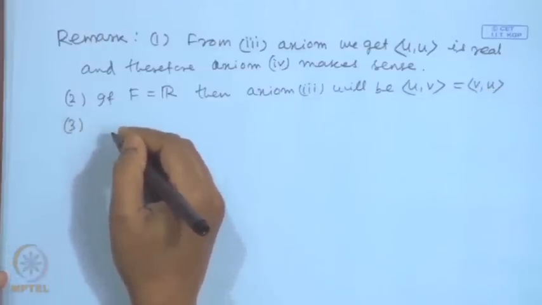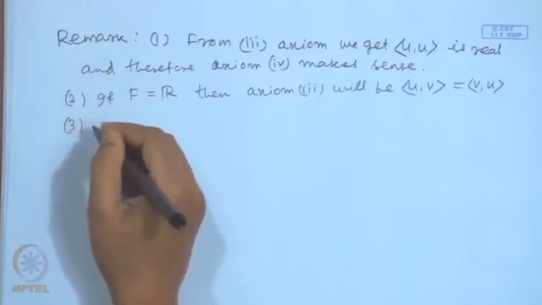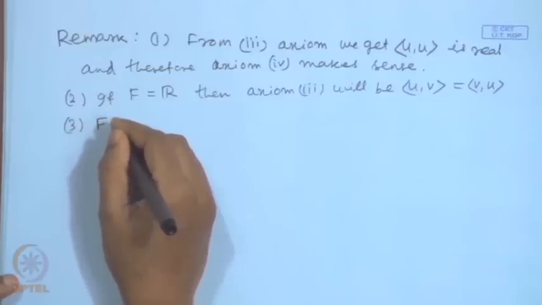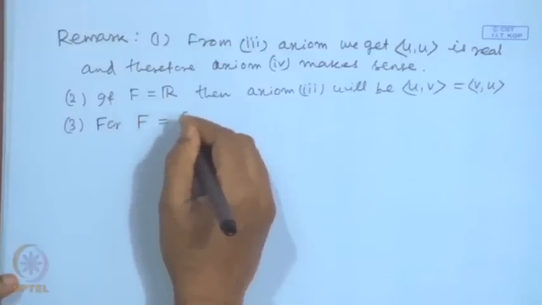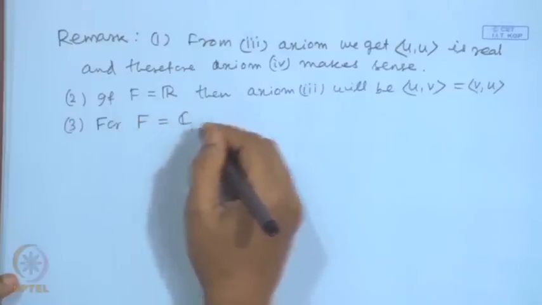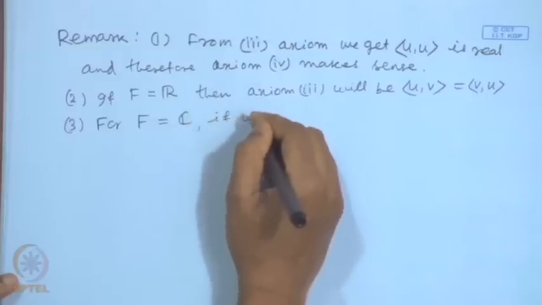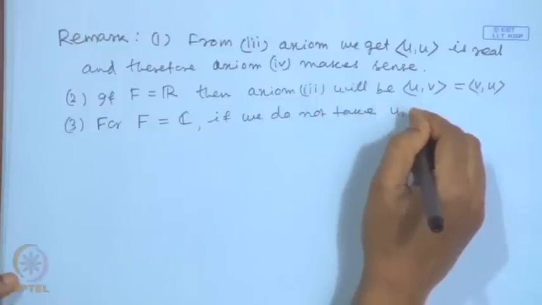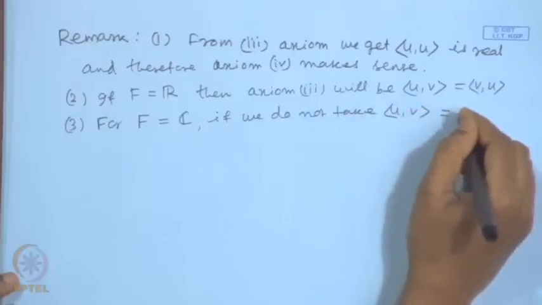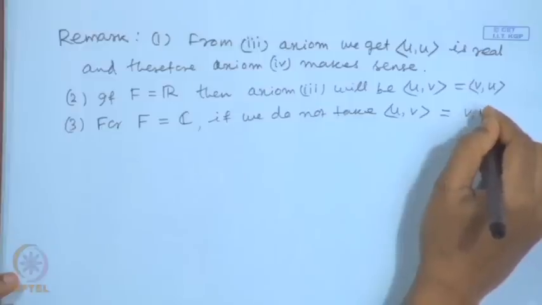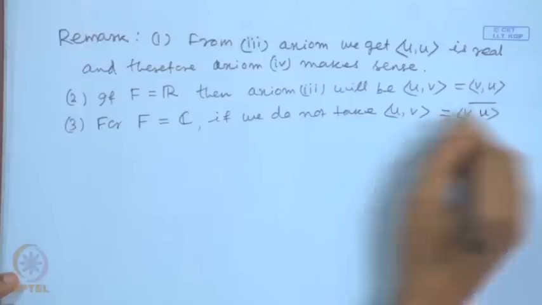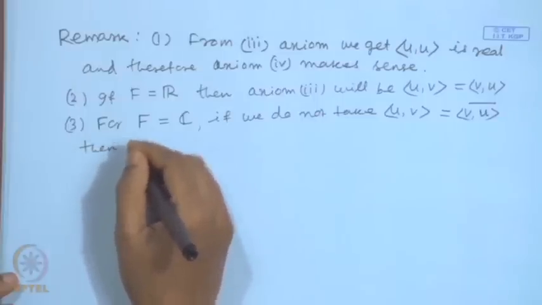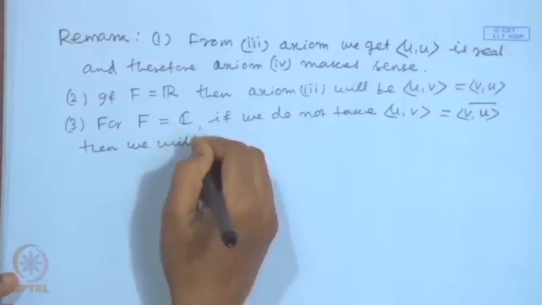Then in the third remark, we have F be the complex field. If we do not take the inner product of u, v equal to the conjugate of the inner product of v, u, then we will get some inconsistency.